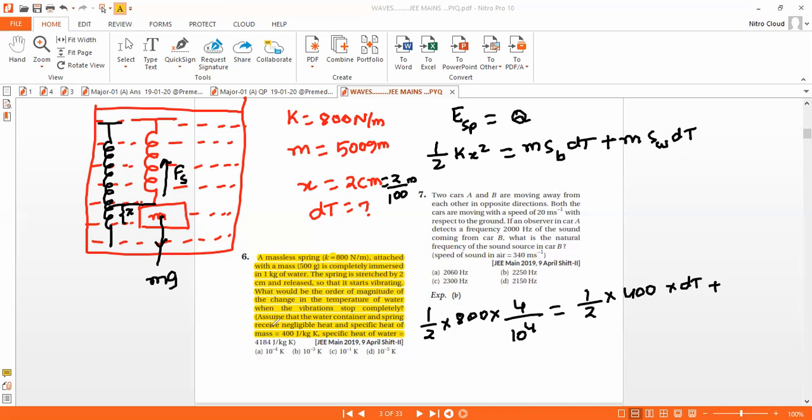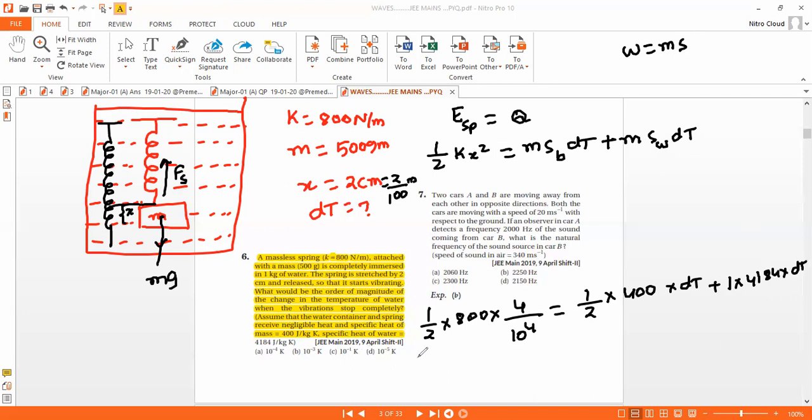We need to assume that the water container and spring have negligible mass. That means we need to find the mass of the water. Water equivalent is equal to ms, that is equal to 1 into specific heat of water, they gave it as 4184, times dt.